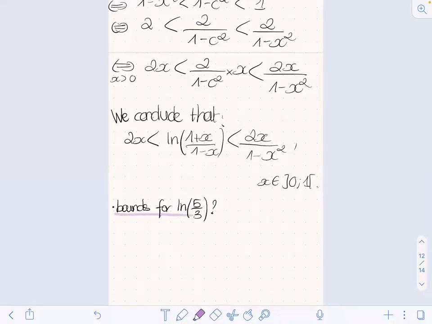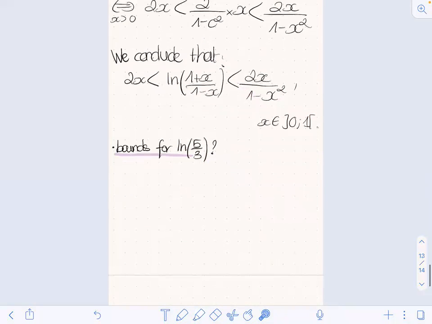So what we've got here is, if we take logarithm of 1 plus x over 1 minus x for x in this interval, we've got some bounds. And if we can find x such that 1 plus x over 1 minus x equals 5 over 3, and the x in question belongs to 0, 1, then we can apply this inequality here. So we need to search for an x such that 1 plus x divided by 1 minus x is equal to 5 over 3.